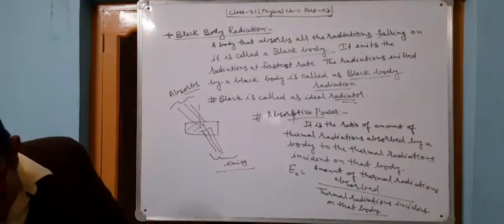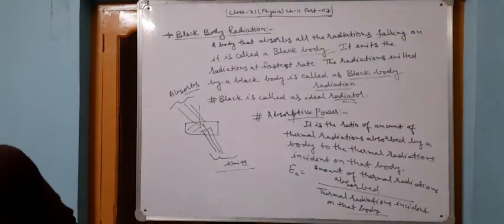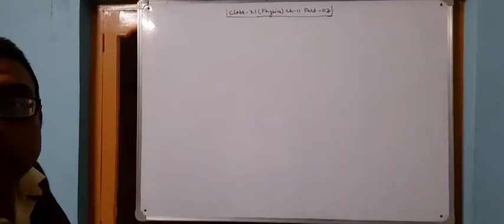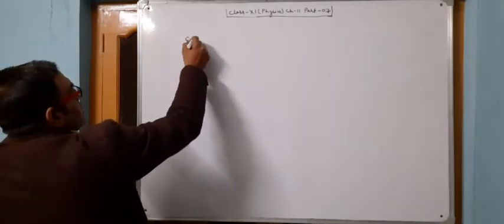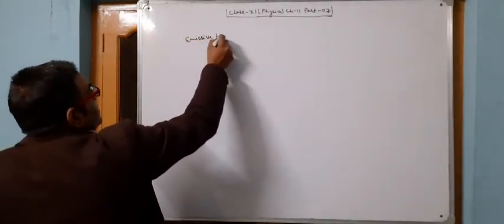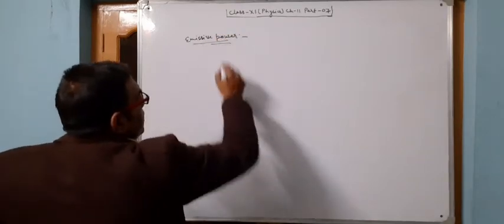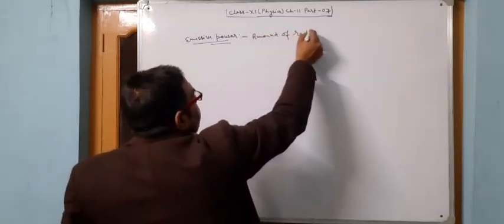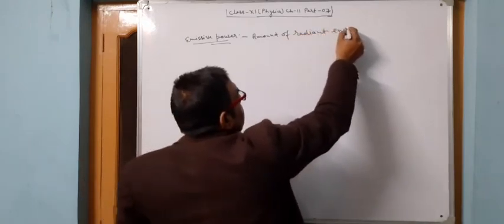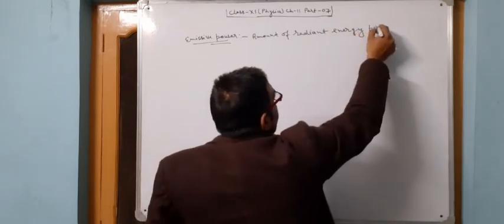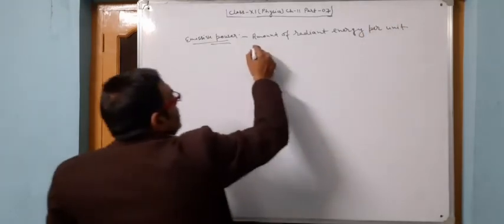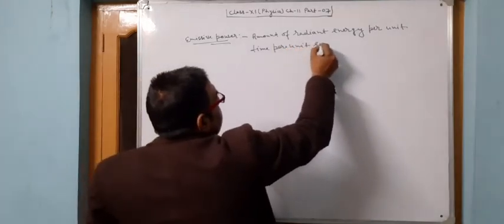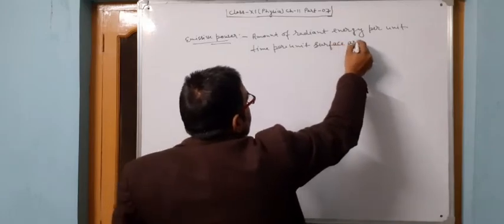Now next we will discuss about emissive power. So dear students, emissive power is defined as the amount of radiant energy per unit time per unit surface area.